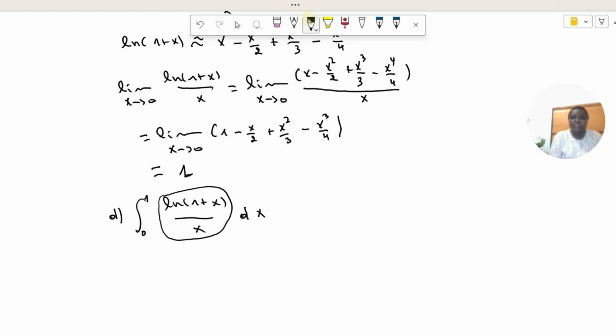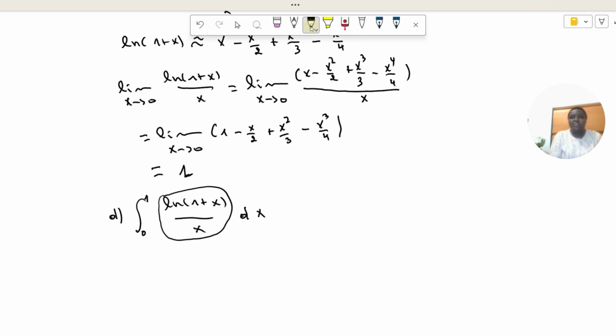Let me use another color. This one we have computed it to be equal to this one. So computing the integral of this function is the same as computing the integral of this one.